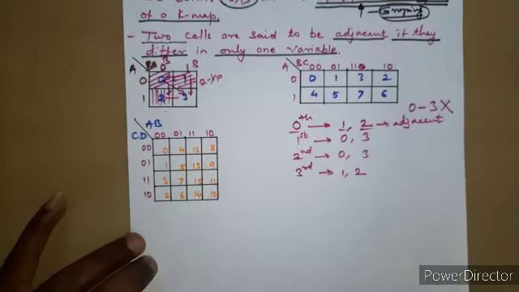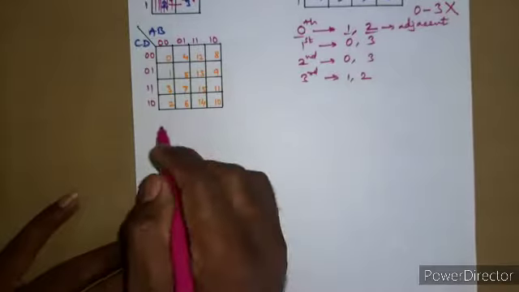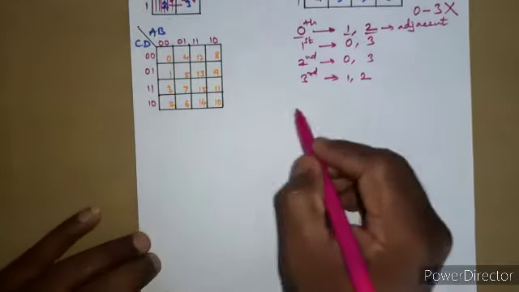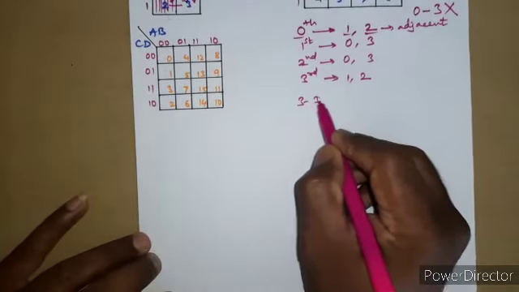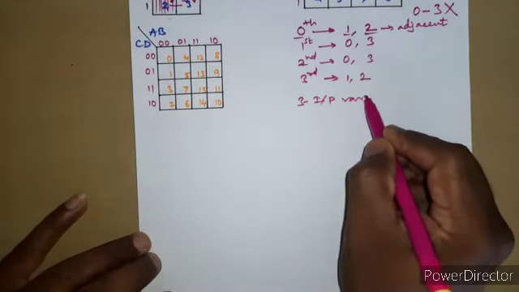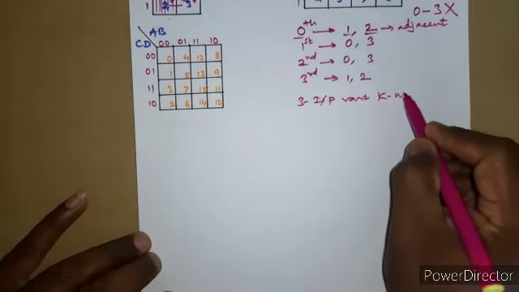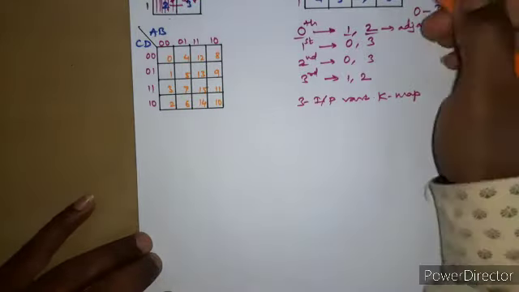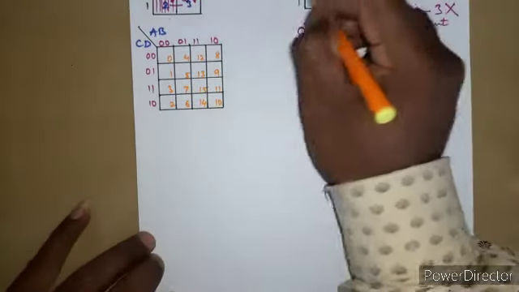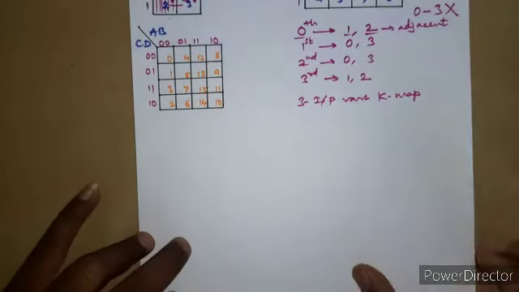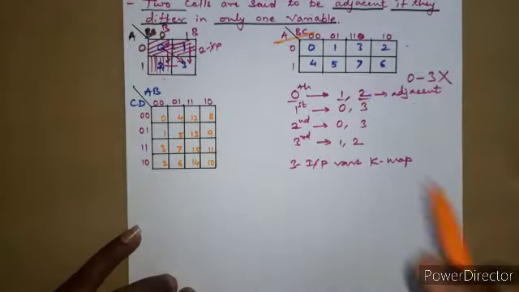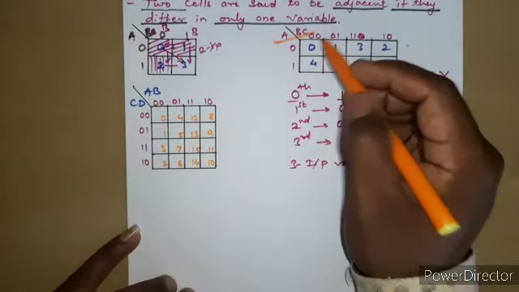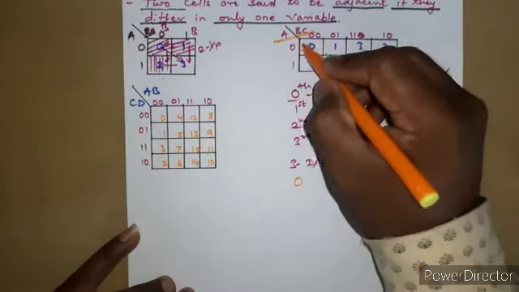Let's consider three input variables, for this three input variable K-map. Now consider this cell 0.